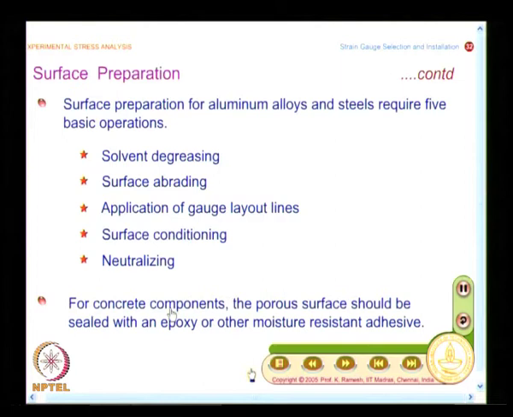On the other hand, if you look at concrete components, in addition you also have to ensure that the porous surface be sealed with an epoxy or other moisture resistant adhesive. So, this is the kind of special requirement when you want to go and work on concrete.